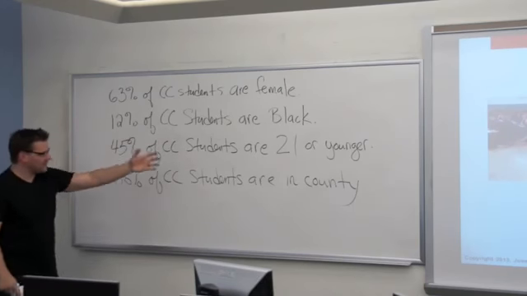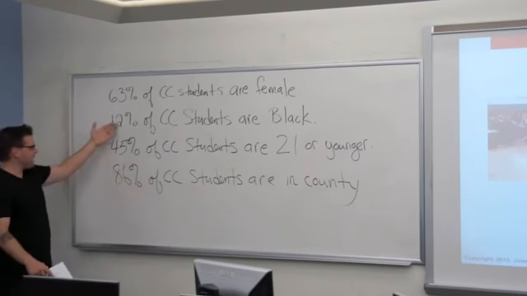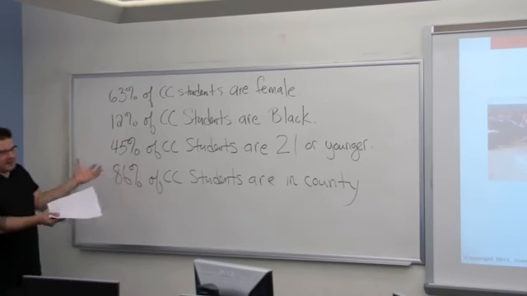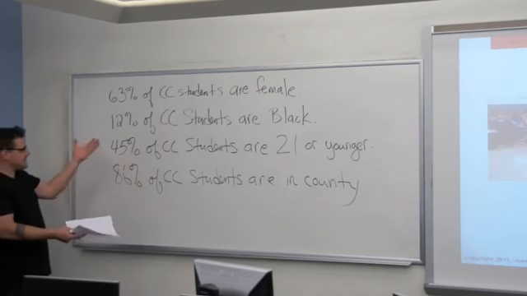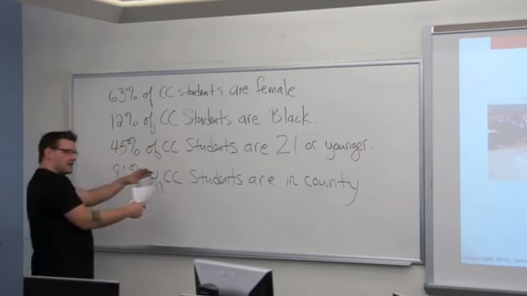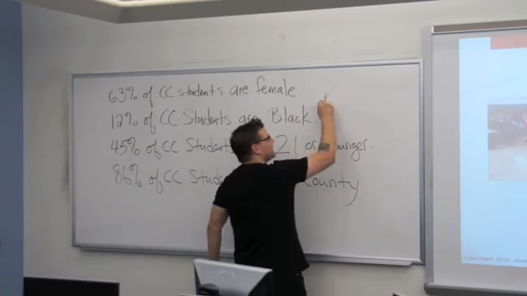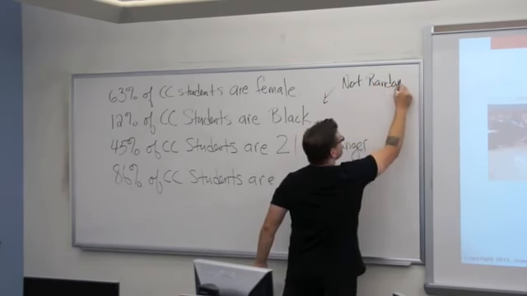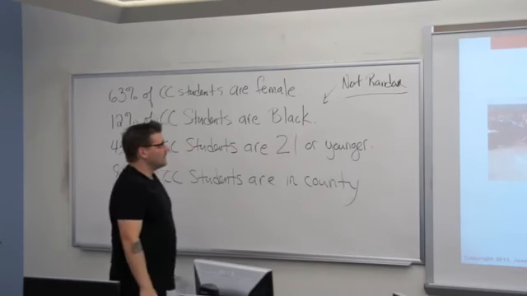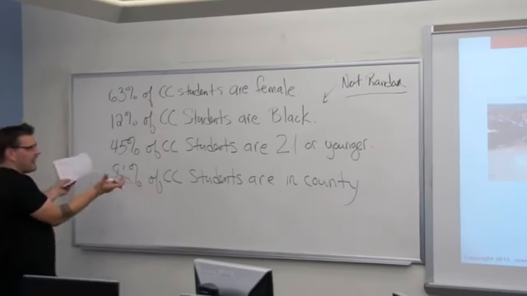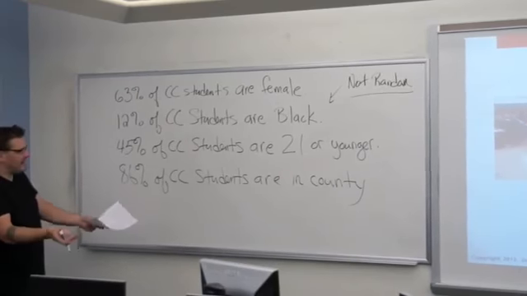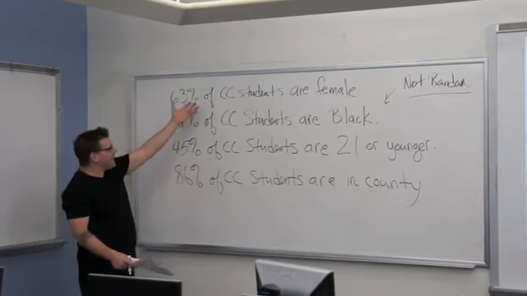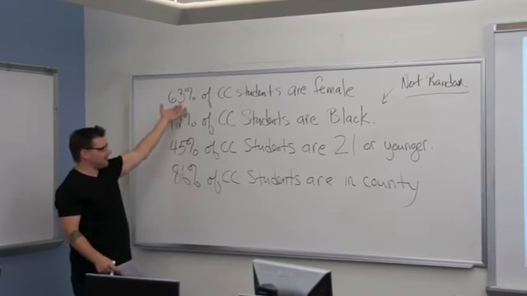If you took all the students that go to this college and you start trying to match every characteristic of the population to your sample, it's going to become impossible very quickly. This is not random. If we randomize, and we'll learn about that in the next lesson, on average, my sample will be 63% female.